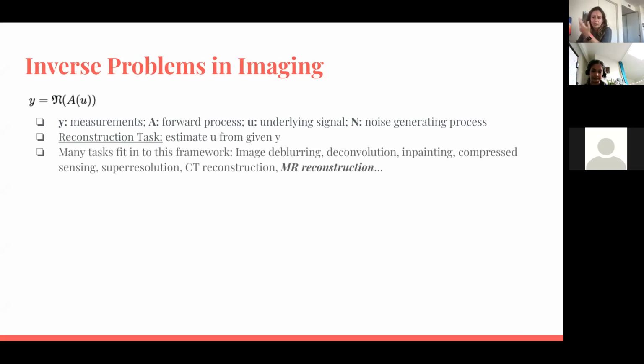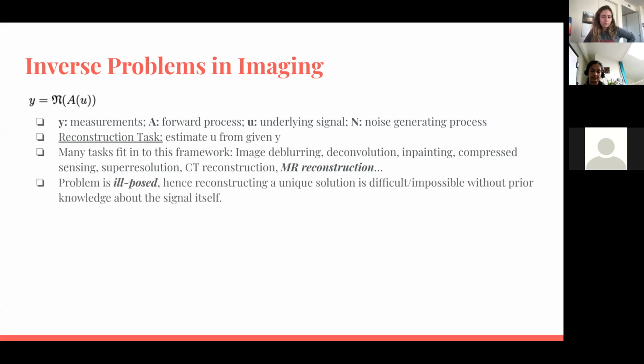And a lot of the tasks in imaging fit into this taxonomy, such as image deblurring, deconvolution, inpainting, super resolution, CT reconstruction, MR reconstruction, which is the focus of this talk. And the problem is inherently ill-posed, which means reconstructing a unique solution is either difficult or impossible without having some sort of prior knowledge about the signal itself.